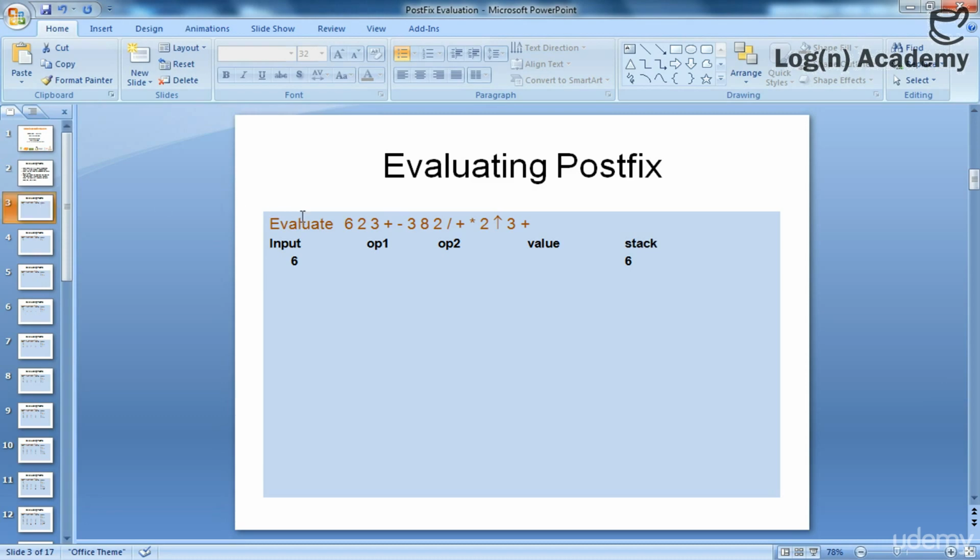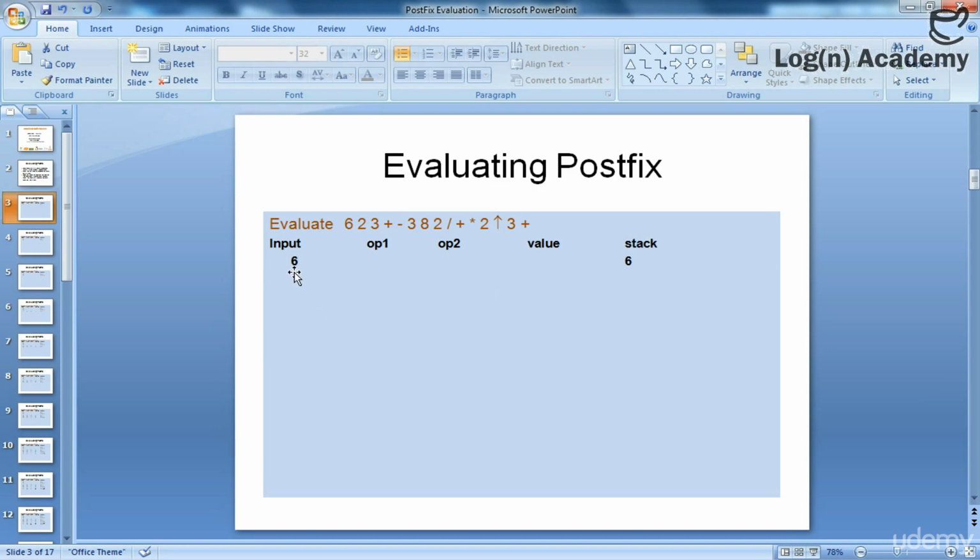Now we have a postfix expression here: 6 2 3 plus minus 3 8 2 divide plus multiply 2, then this is the exponentiation form, right now I'm representing it with the upper arrow, and we have 3 and plus.